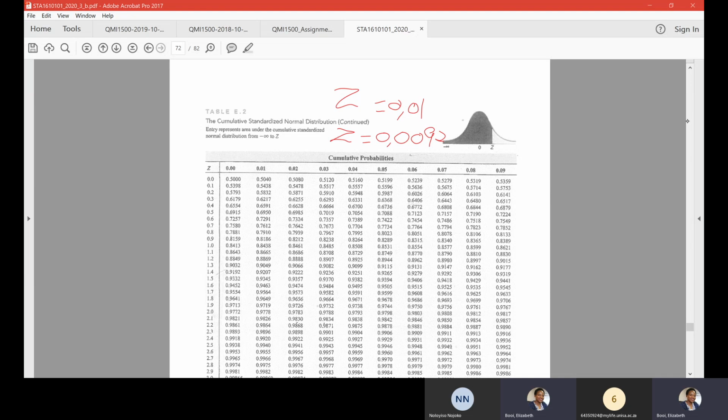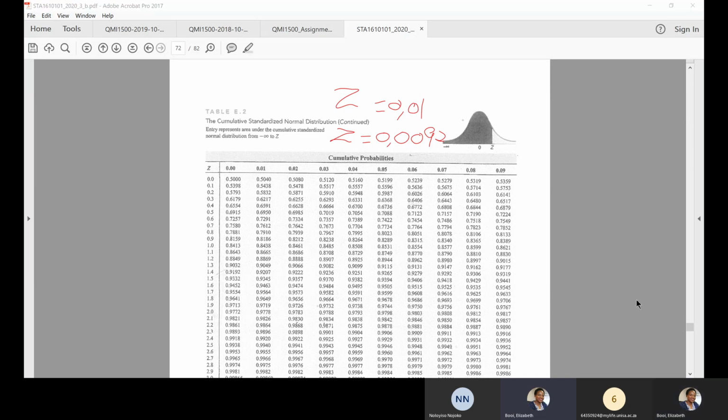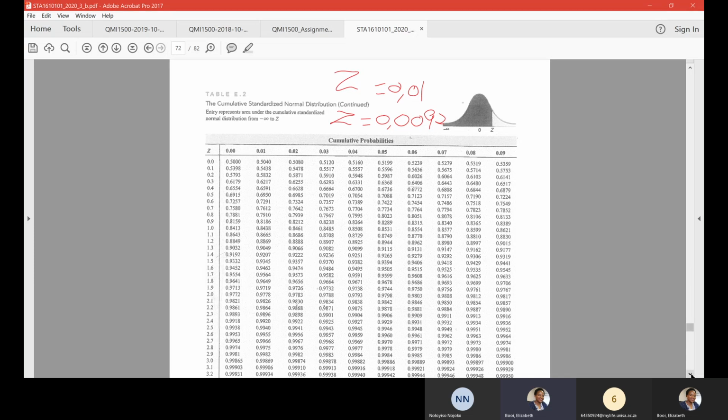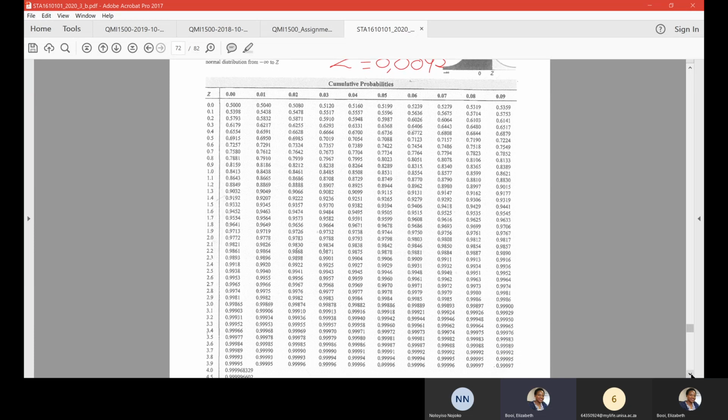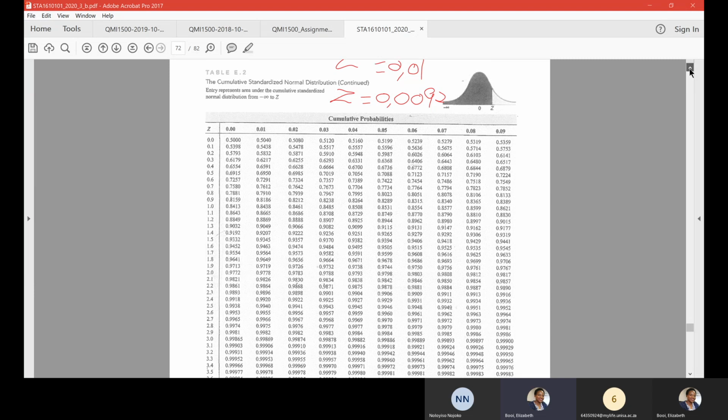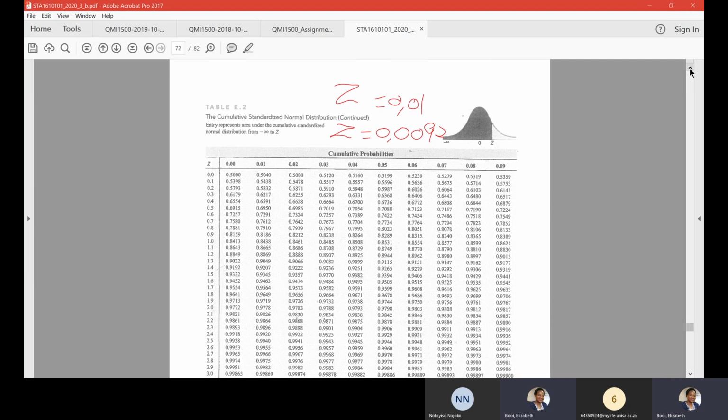So since it's 0.01, we go to 0.0, the first 2 digits, and we go to the top.